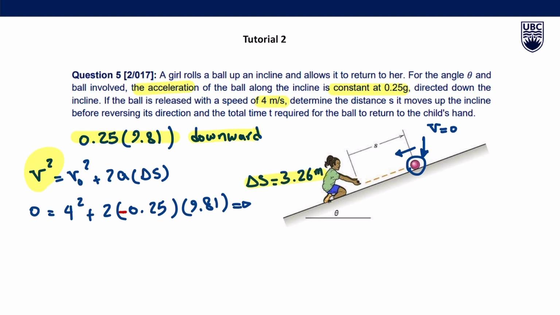But what about the time? How long does it take to come back to her? Well, the time it takes to go up is the same as the time to come back down because acceleration is constant. And we can find the time for the uphill trip with the equation v equals v naught, or initial velocity, plus at.